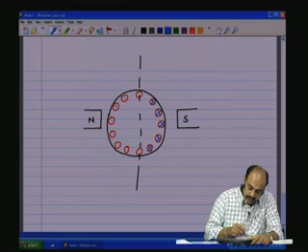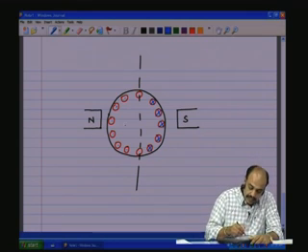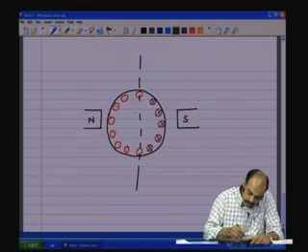Now, these are the armature conductors. Now, these armature conductors are connected to the commutators, isn't it?